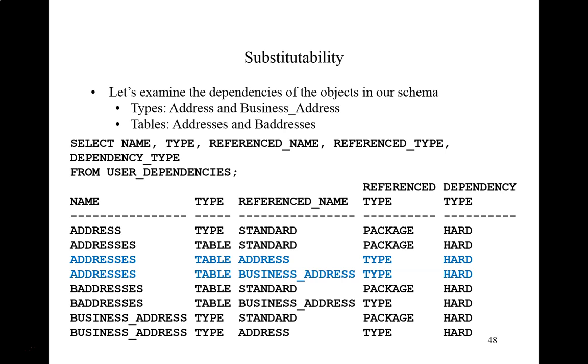The two rows that have addresses as the name show for the reference name both address and business address. This is due to substitutability. Although the table addresses is a table of address, we could store business addresses there.